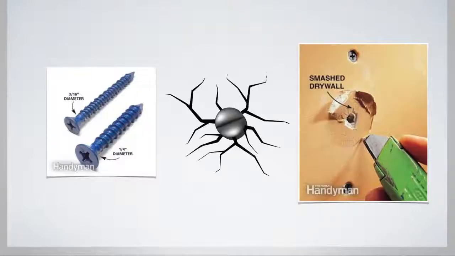So if you don't have to go far, in fact, if you can just look at the Handyman magazine's cover page, you will see that carpenters and construction workers have known for years that if you want to put in a thicker screw into drywall, what you need to do is pre-tap it. And by pre-tapping it, you're essentially divvying up, as I mentioned, the cutting process.